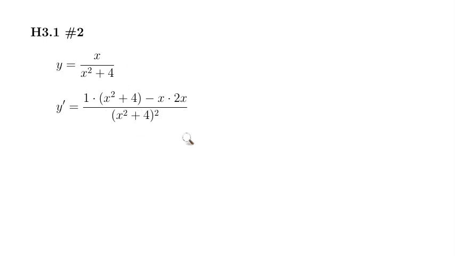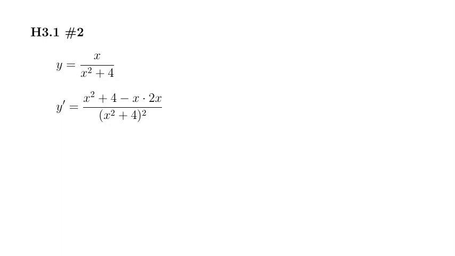This is the denominator. The first thing I would do is, since multiplying by 1 doesn't do anything, I'm going to go ahead and erase that. If I get rid of that, we get this. It's clean, and this is just minus 2x squared, so I can write 2x squared instead of x times 2x.